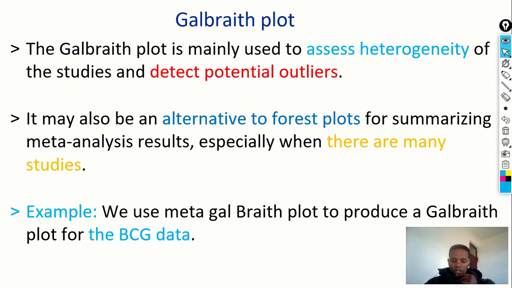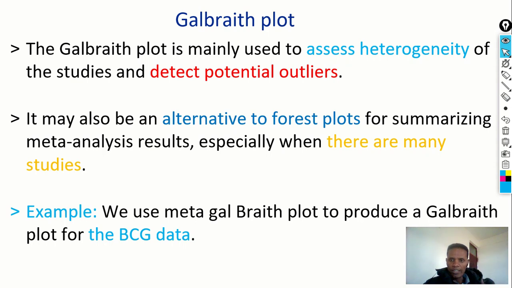If there is a divergent result or finding between research articles that have been selected for meta-analysis, and if there is either an extreme large effect size or extreme small effect size among the results of the studies included in the meta-analysis, that could be detected by the use of a Galbraith plot. So that heterogeneity is a result of potential outliers among the included studies.